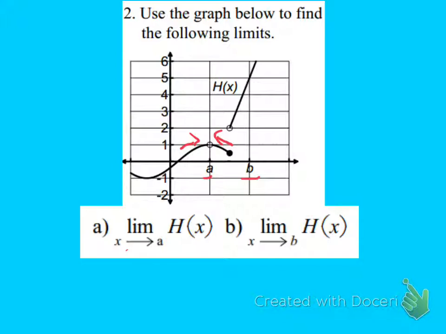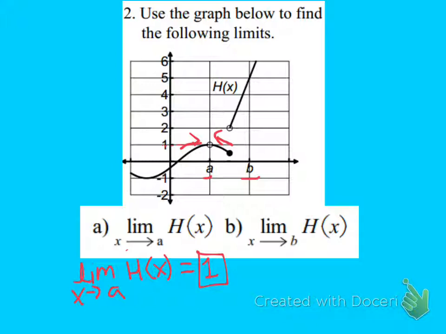I have an expected height of my graph that is 1. So I would say that the limit as x approaches A of this function h of x equals 1, because 1 is the expected value and the expected height at that point, even though there's a hole in my graph.